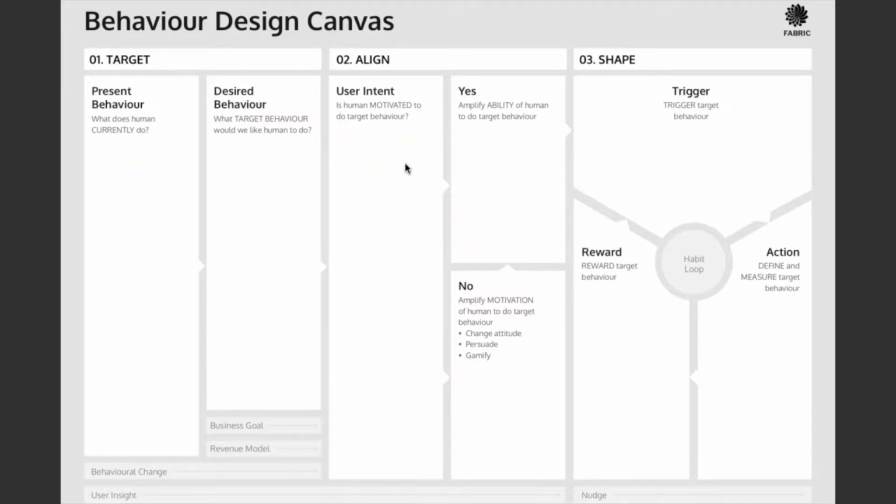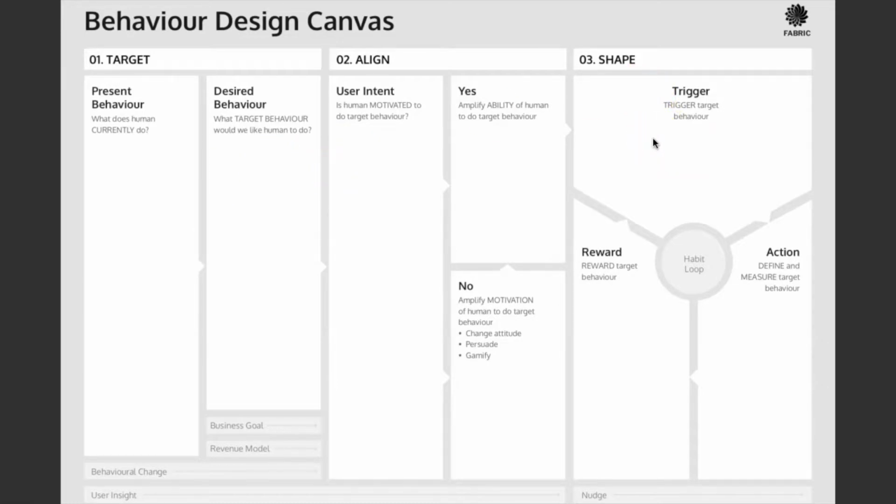It often happens in my projects and trainings that sometimes we know what the trigger is already, or we have an understanding of user motivation before we know what is exactly the desired behavior we want to define. And in other cases, it's much more obvious what the behaviors are that we're trying to shape before we can understand the other elements of the canvas.